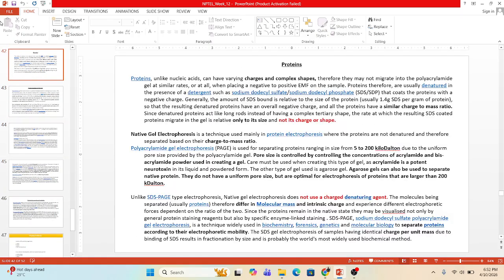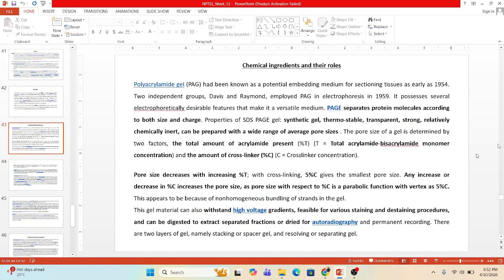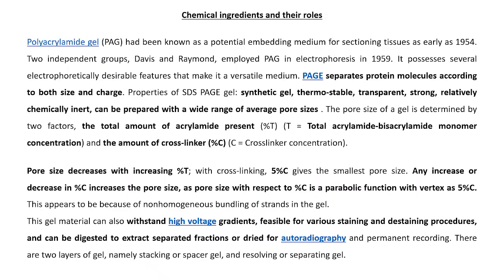So yeah, a little bit about the components that we are using. Generally for an SDS gel, we use agarose, acrylamide, polyacrylamide mixture.